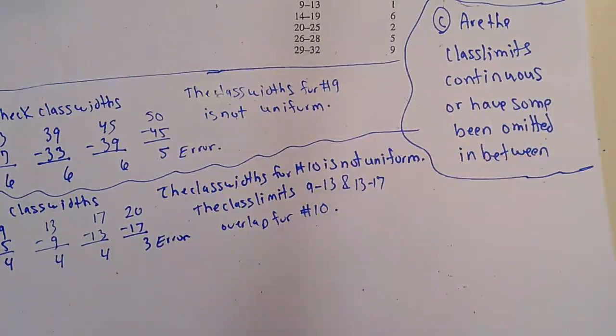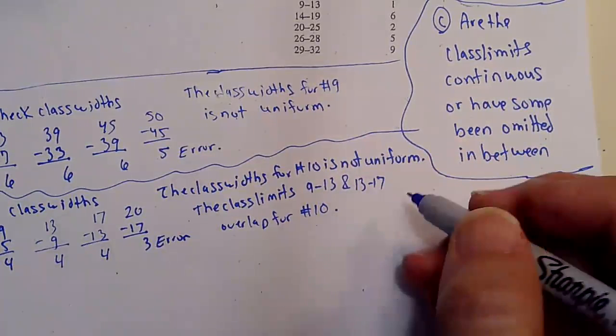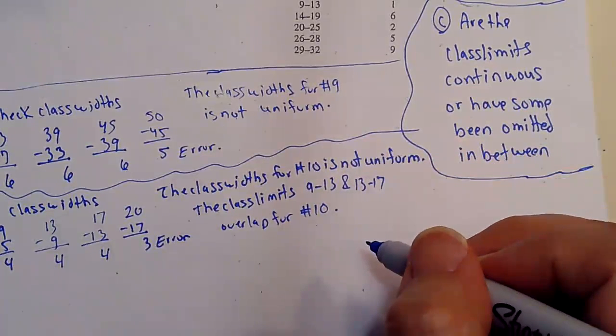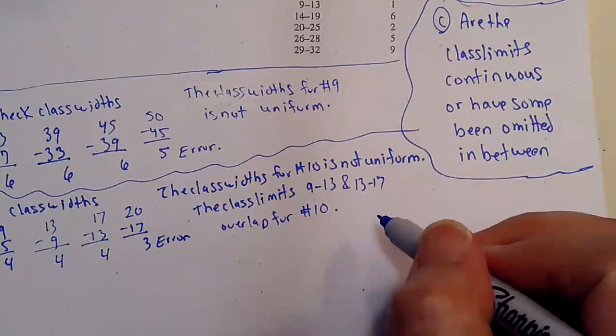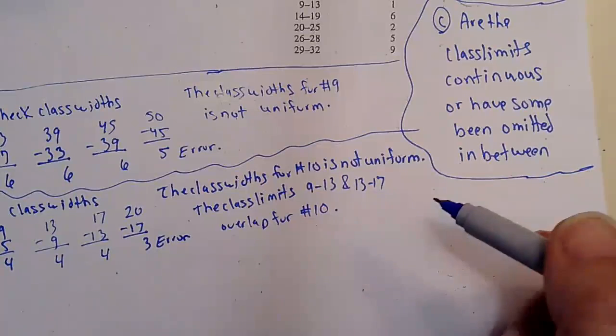They also overlap in the 5 to 9 and the 9 to 13. So the class width for number 10 is not uniform. The class limits 9 to 13 and 13 to 17 overlap for number 10.